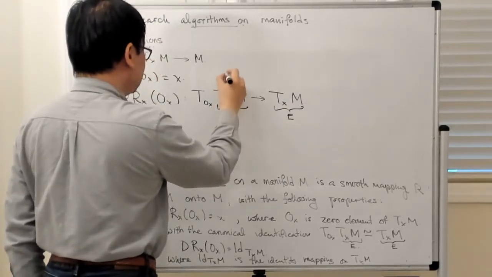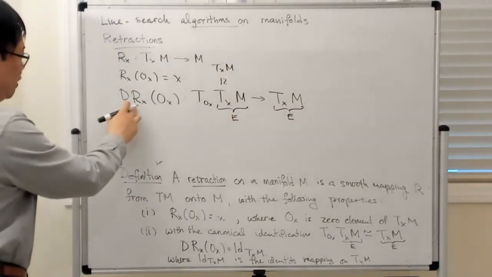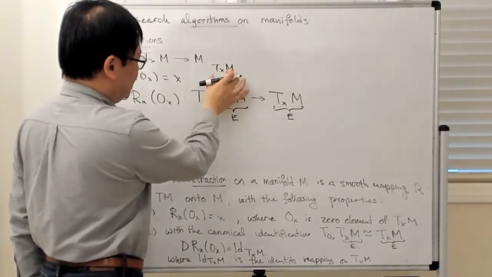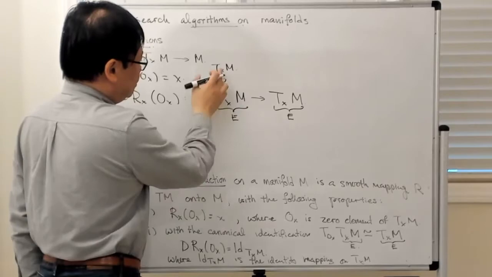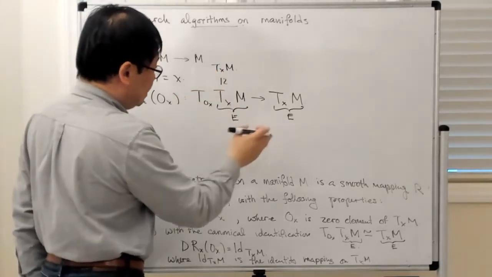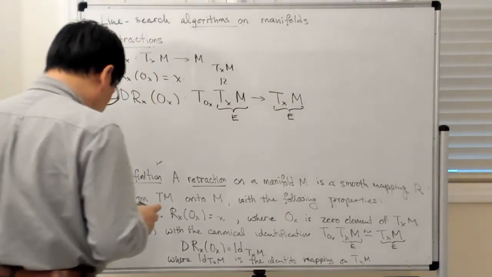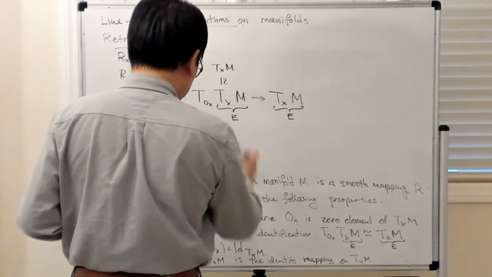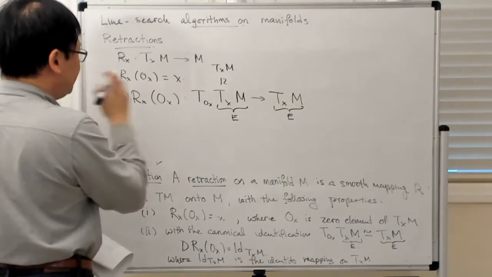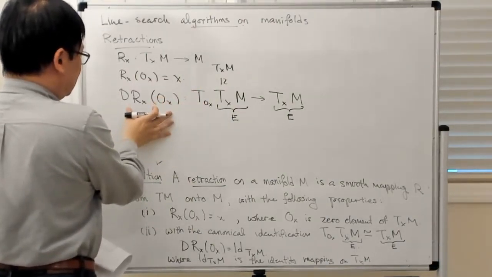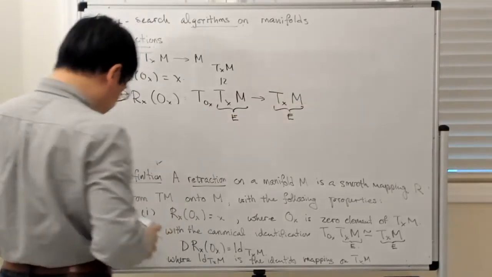So I want to identify this with just Txm, and then if you do that identification, you can talk about whether or not this map, viewed as a map from Txm to Txm through this canonical identification of TE to E, is an identity map on E or Txm. So that's really where this canonical identification is coming from, because if you didn't make that identification, then d Rx at the point 0 is a map from this space to this space.